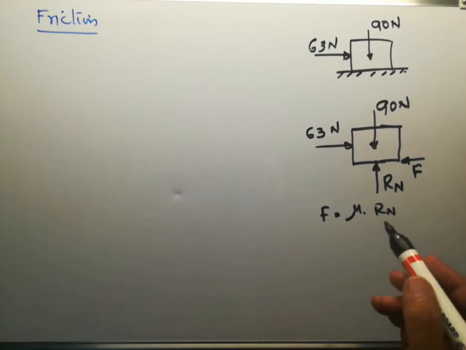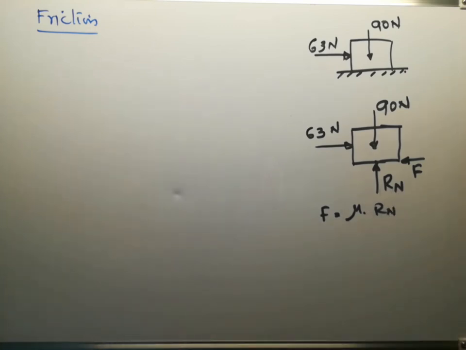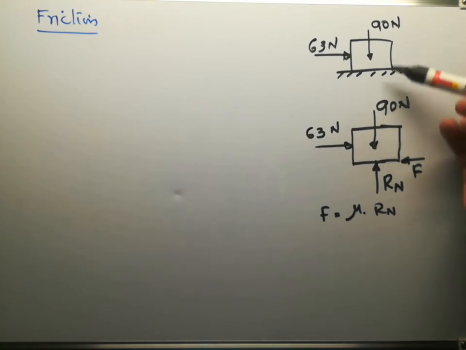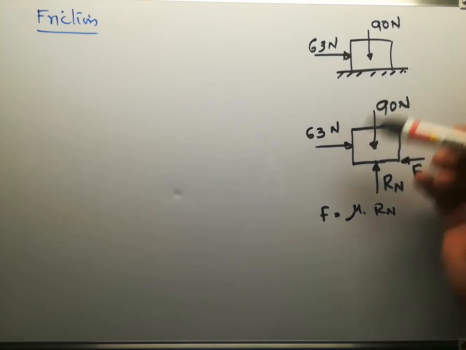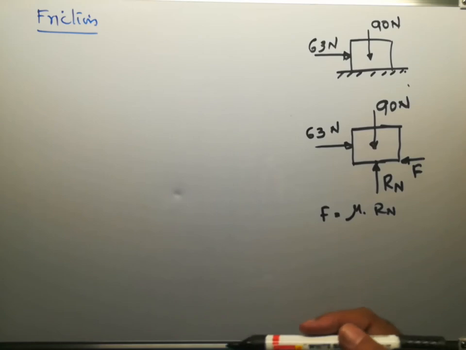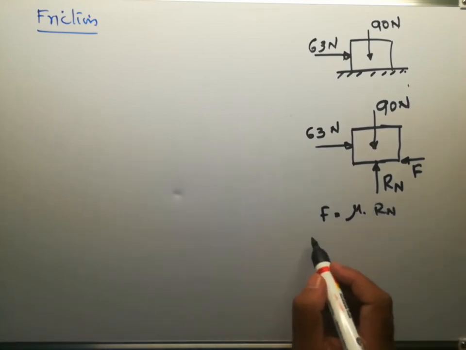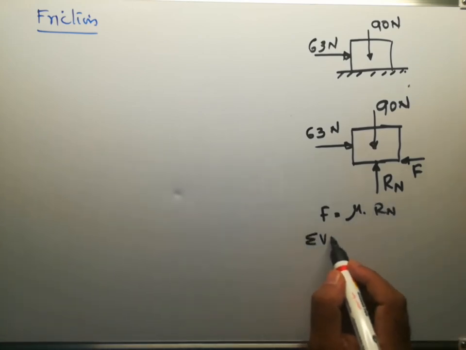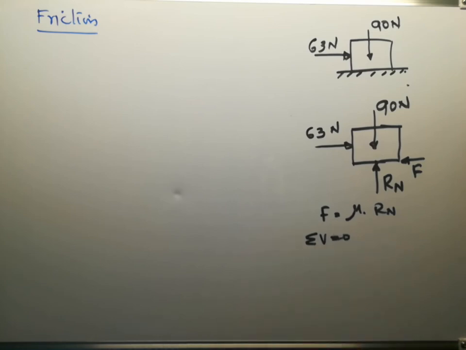Using equilibrium equations in the vertical direction, because the body is not moving in the vertical direction, or there is no chance of moving in this direction because it is supported by the floor. So we can use the equilibrium equation sigma V equal to 0. That is, the algebraic sum of vertical forces acting on the body is 0.